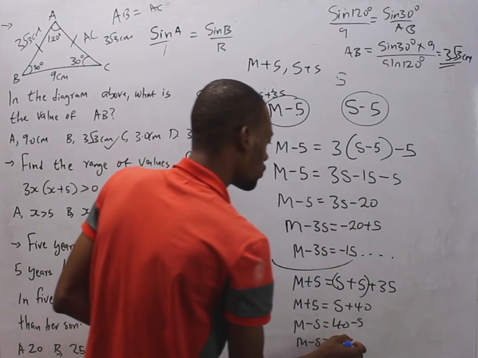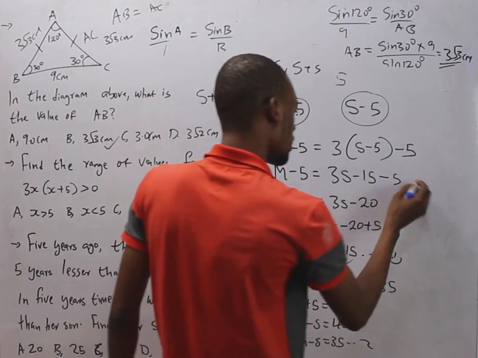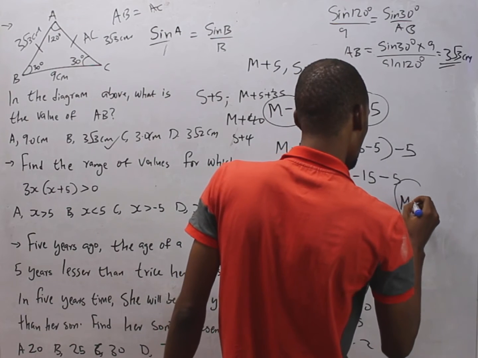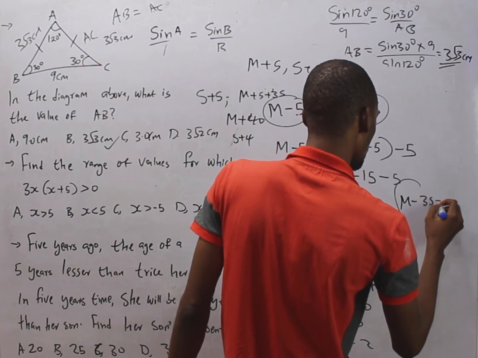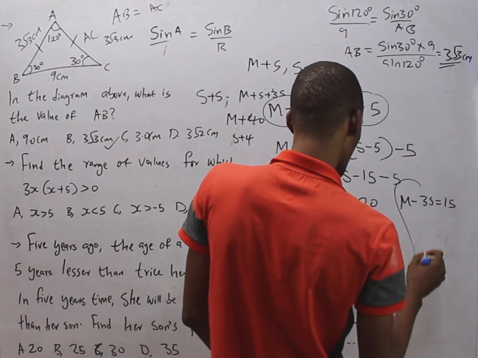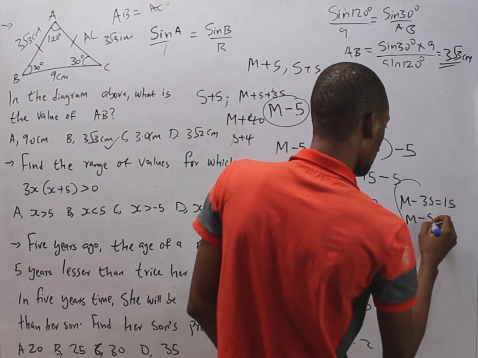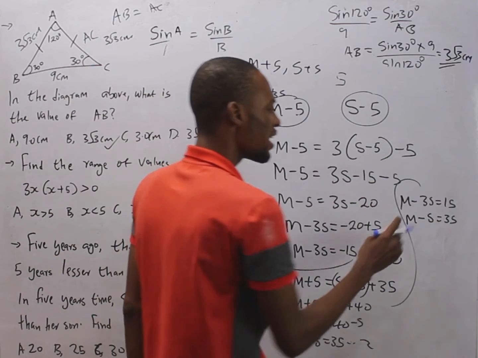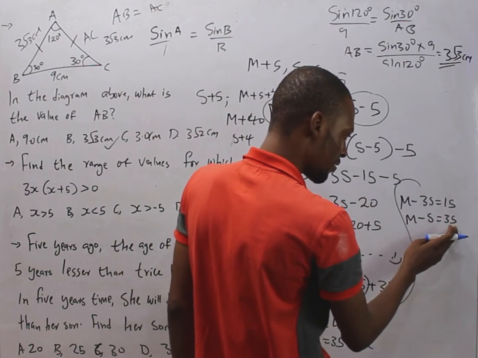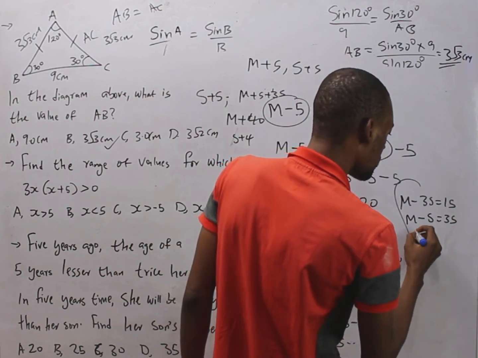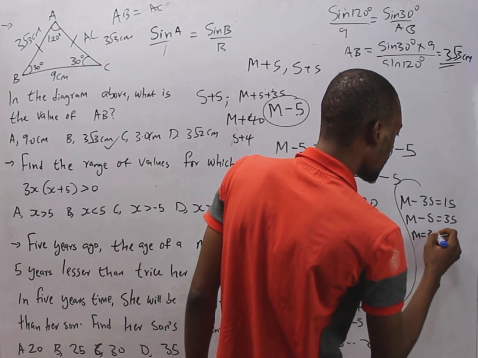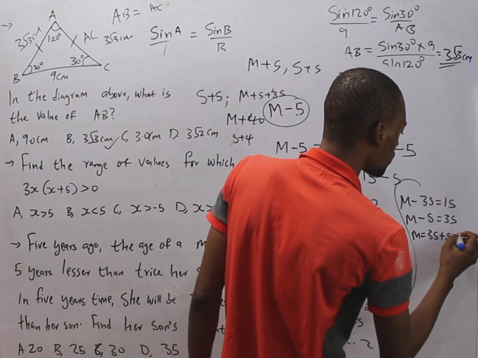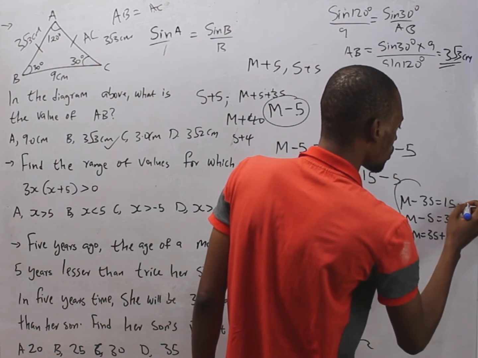Now we have equation 1 and equation 2. Equation 1 says that M minus 3S equals minus 15. Equation 2 says that M minus S equals 35. From M minus S equals 35, M equals 35 plus S, equation 3.